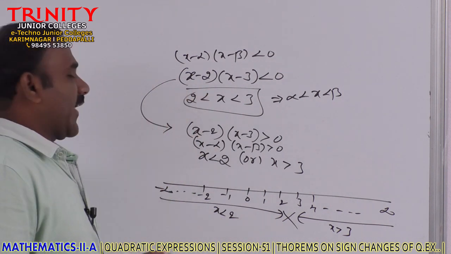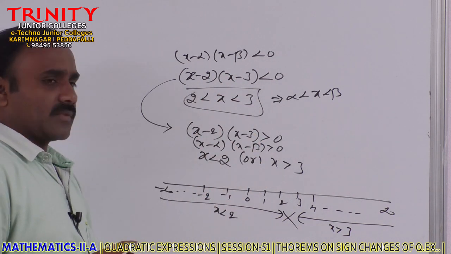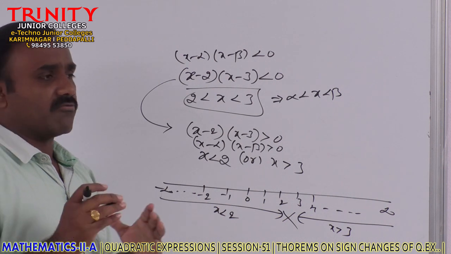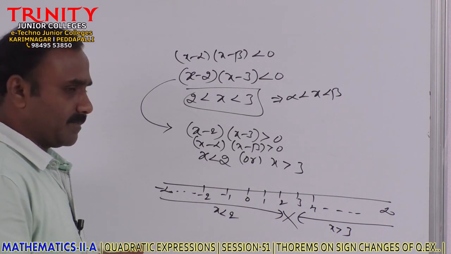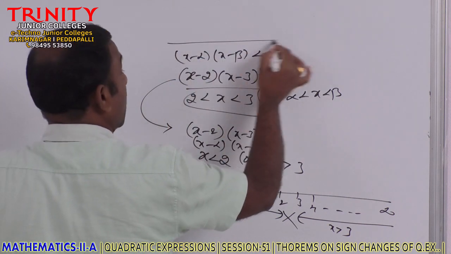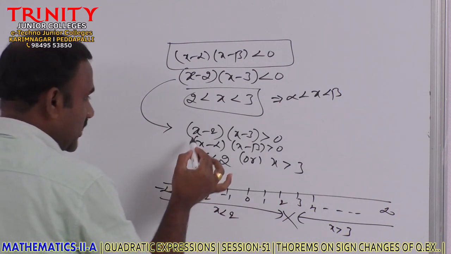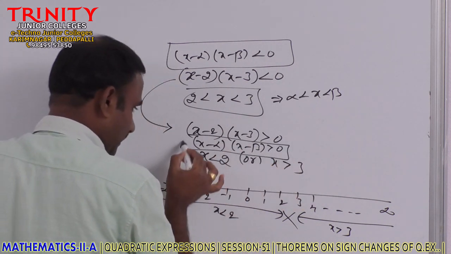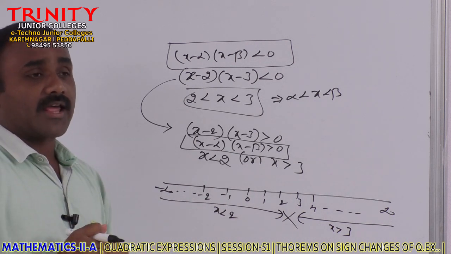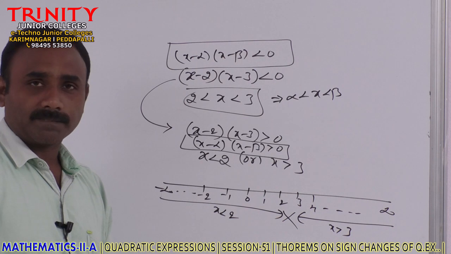After finding the factors, by less than and greater than, we have decided where x lies and what values x will take. But by seeing the expression itself we can also say where x lies, though not the exact values. By seeing the expression, we can say x will lie in between or x doesn't lie between alpha comma beta.